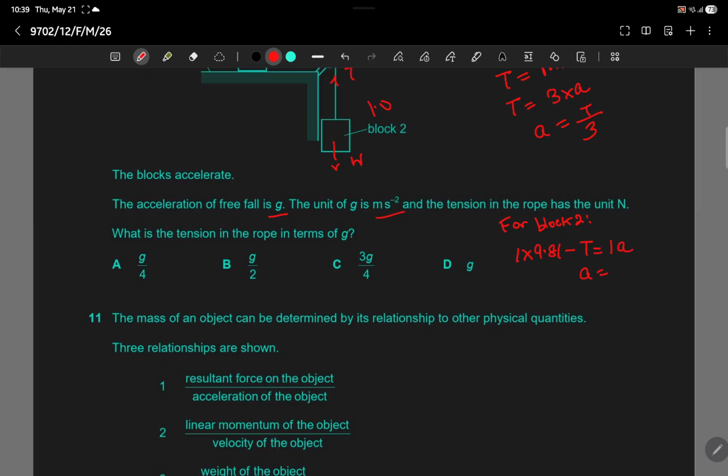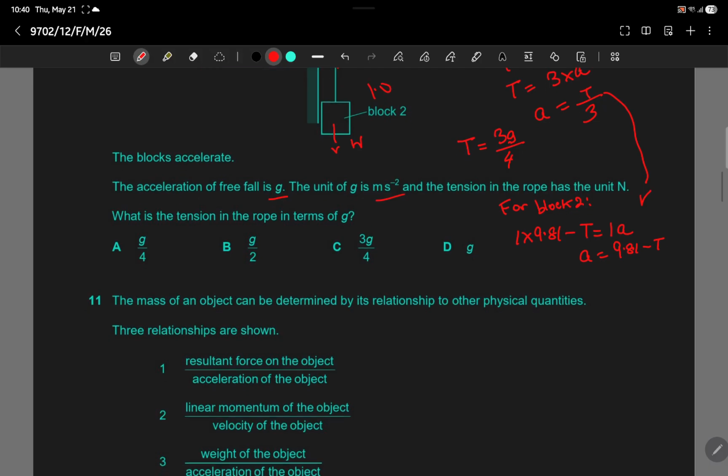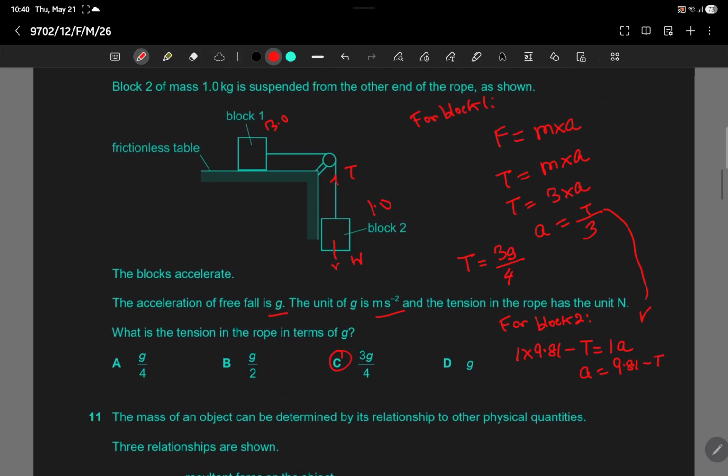So the acceleration will be 9.81 minus T. So we have two equations here, right? Let's simultaneously solve this, and if we do, we get that the tension will be 3g by 4. Right, that's your answer to number C.